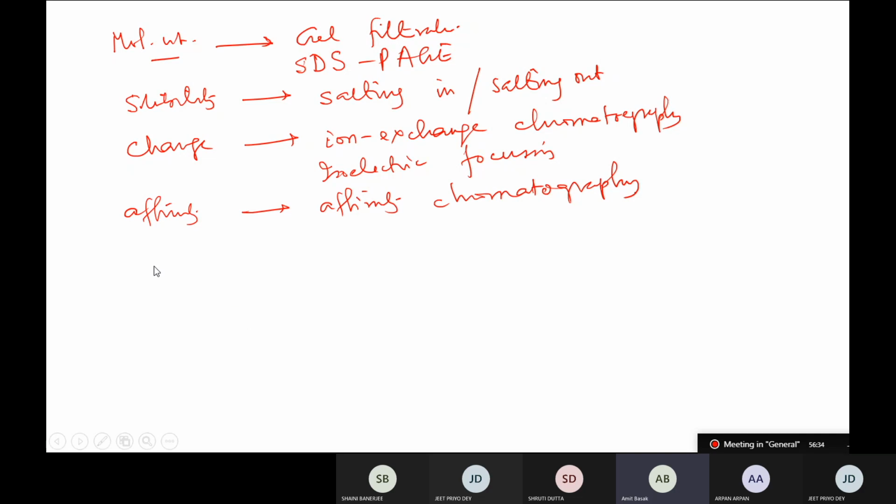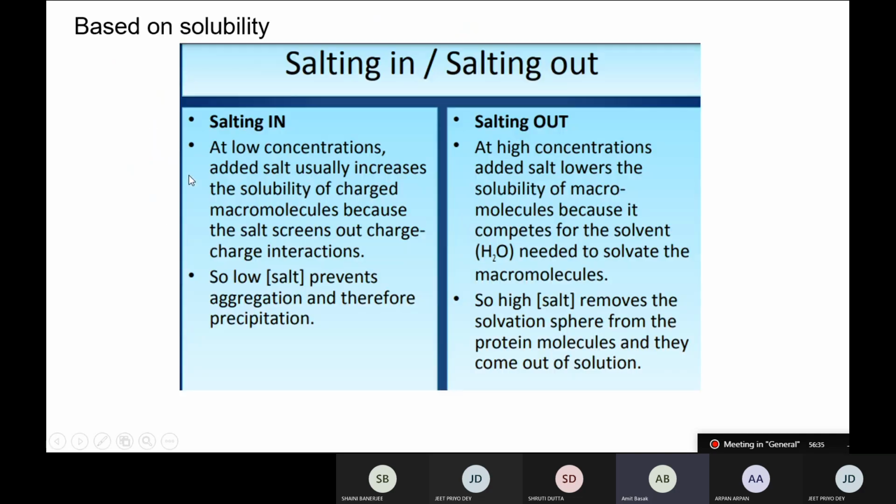Okay. First, let us consider solubility. Solubility is what I said: in the presence of ionic solutes in water, the solubility is affected, and every protein is affected to a different extent. First of all, why will an ionic solute affect the solubility of a protein?